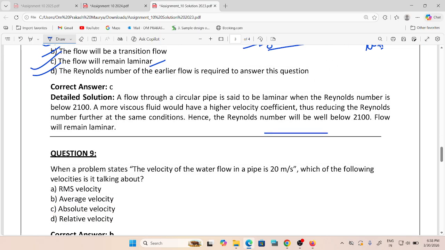Now when a problem states the velocity of water in a pipe is 20 meter per second, which of the following velocities is it talking about? Whether it is RMS velocity, average velocity, absolute velocity, or relative velocity. It is your average velocity. Remember please, average velocity.